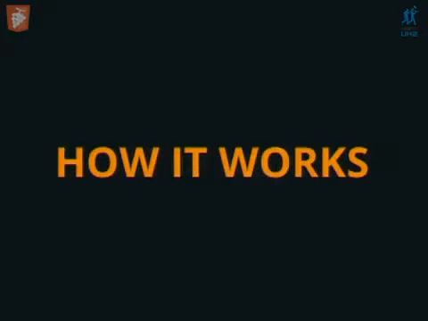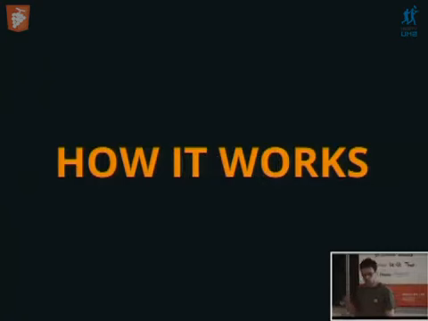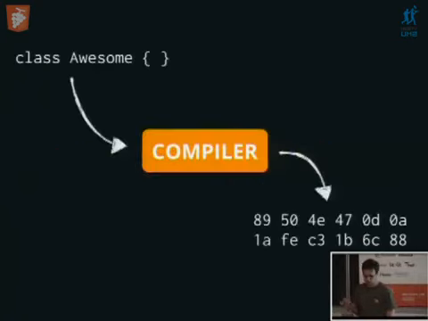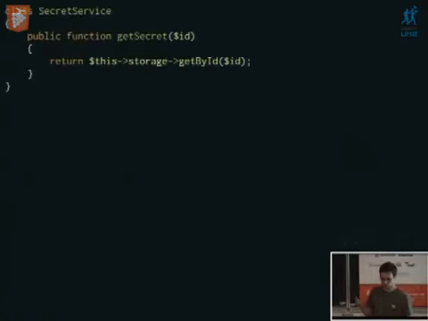So how does AOP work? And more specifically, how did AspectJ work? Well, in Java, before you run code, you compile it to bytecode. AspectJ primarily works at compile time. So basically, you have your business logic, getting the secret.